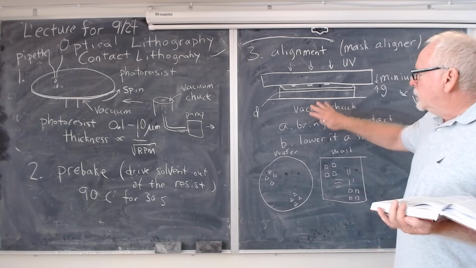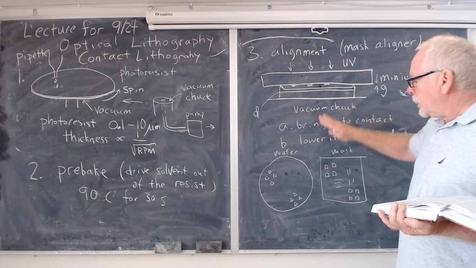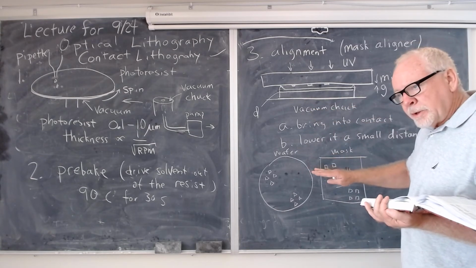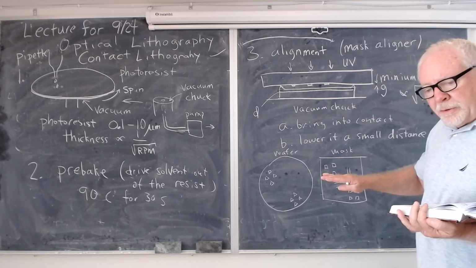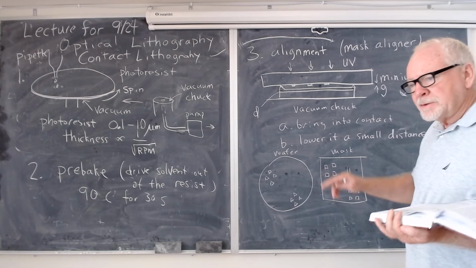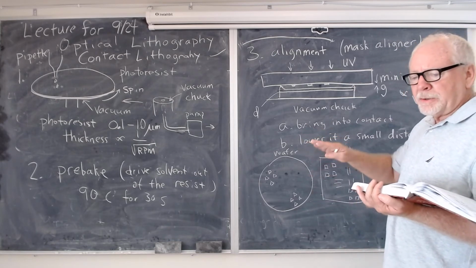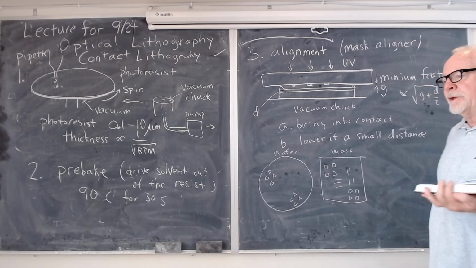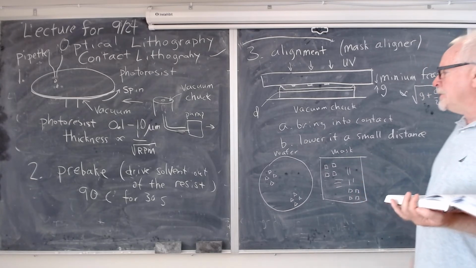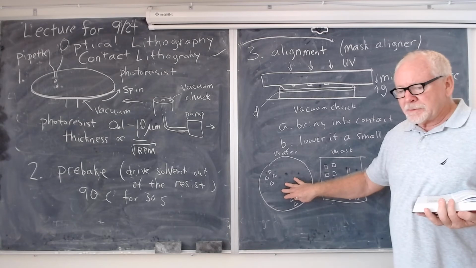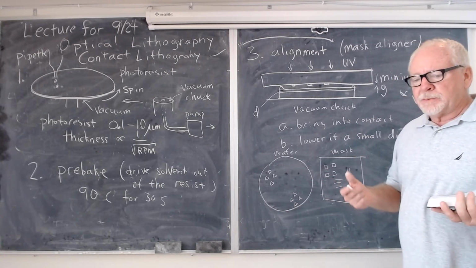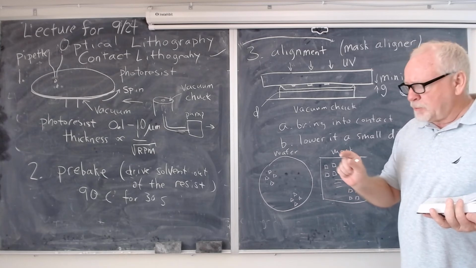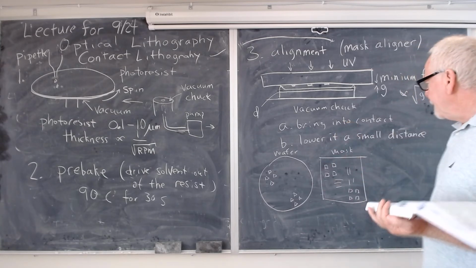And sometimes it turns into a trick where you lower it a little bit and you misalign it on purpose because you know when you bring it back up into contact it's going to slide in a certain direction, and so you plan for that. That's not typically the case when you're doing wafers, but it is typically the case when you're processing on little small pieces of semiconductor.